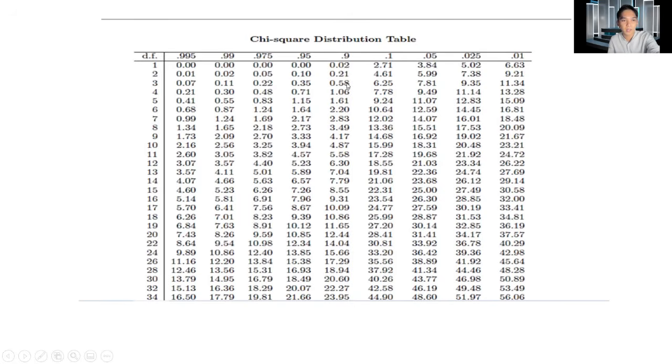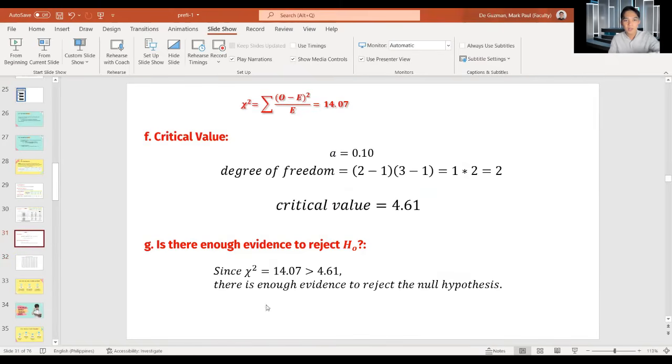Okay, so let's go back a little to our conclusion. Is there enough evidence to reject the HO? Since chi-square is equal to 14.07, which is greater than 4.61, therefore, there is enough evidence to reject the null hypothesis. We reject our null hypothesis.